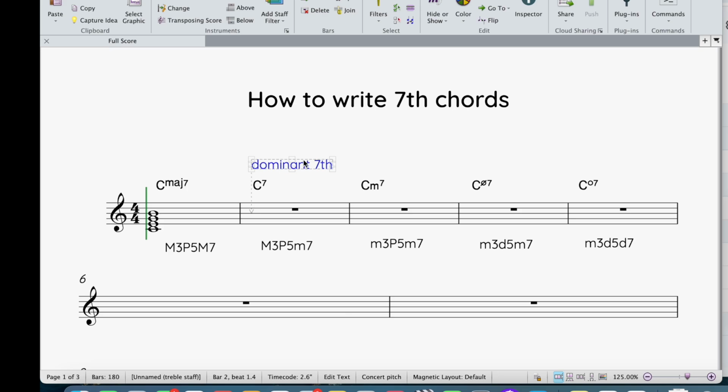But when we're looking at contemporary music, we're just looking at chords by themselves and not in any functional context. So we call it dominant seventh. That's the name it is because of the way it is derived within the context of a key. But for now, we're not really looking at that. We just want to know what the interval profile of a dominant seventh is.